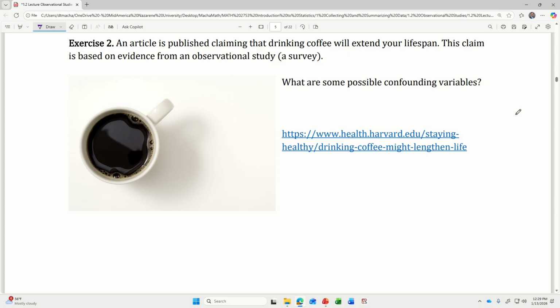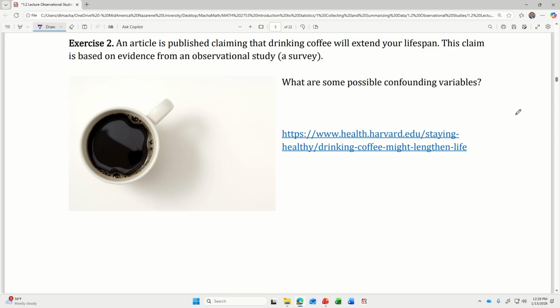I mean, if you gathered a bunch of data, you get a sample together, and you ask them, how much coffee do you drink, and how old are you, right? How old are people living when they drink coffee versus don't drink coffee? 3 cups a day versus 1 cup a day, and so on. What else might be at stake here?